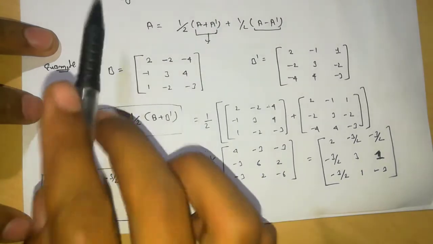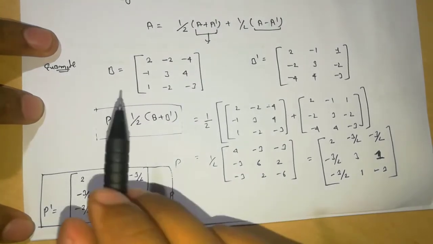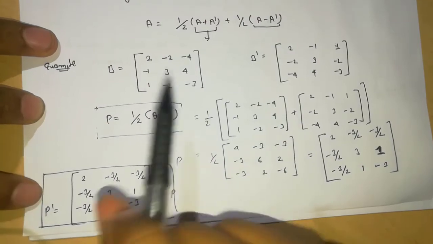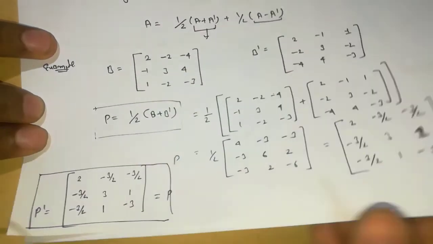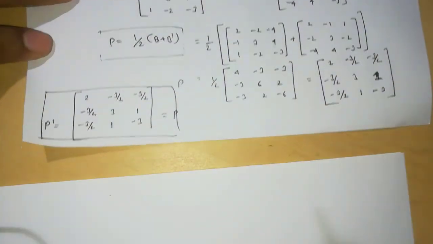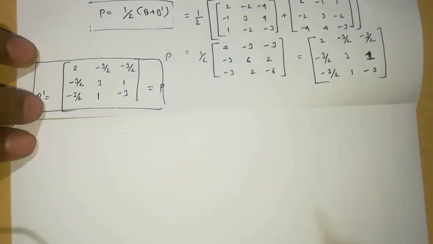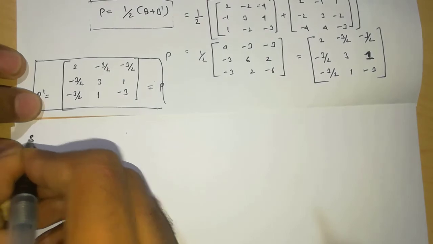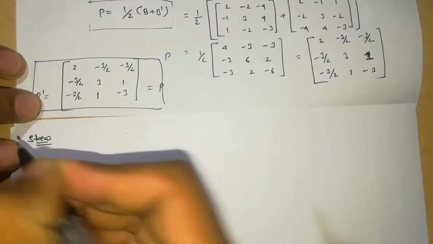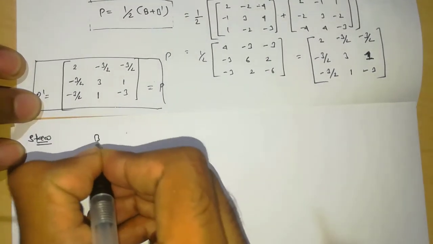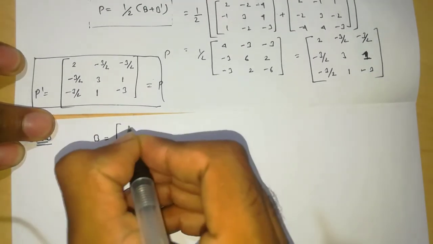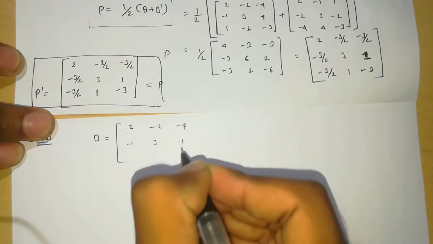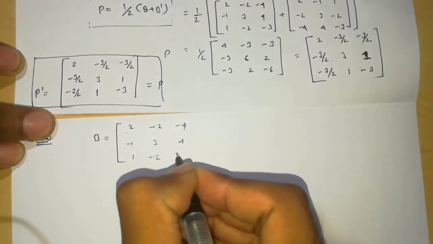So the addition of the matrices gives 1 by 2 of 4, -3, -3, -3, 6, 2, -3, 2, -6. Divided by 2, the matrix is 2, -3/2, -3/2, -3/2, 3, 1, -3/2, 1, -3.